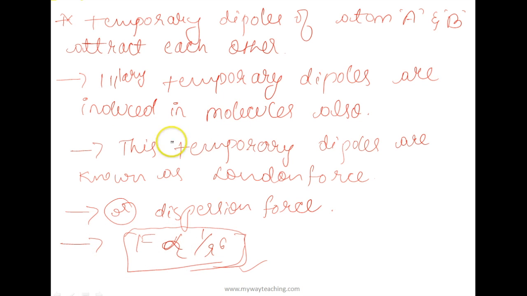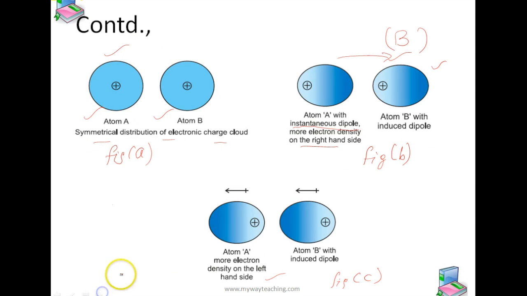Here you can see figure A, showing how the electronic charge is distributed, and this is figure B, and this is figure C. So this is about dispersion forces or London forces.